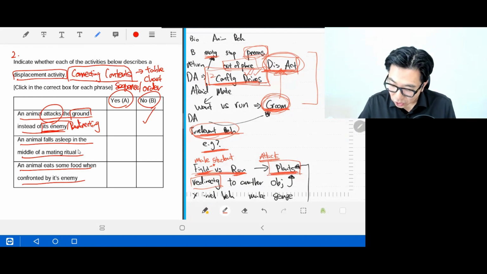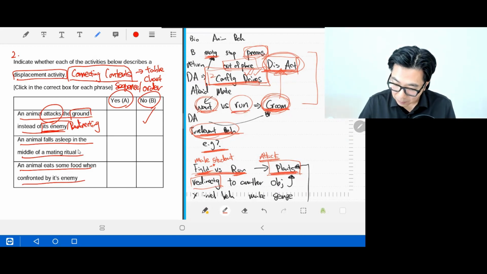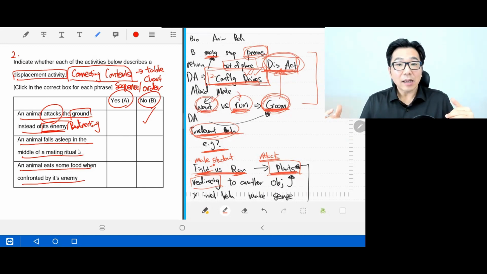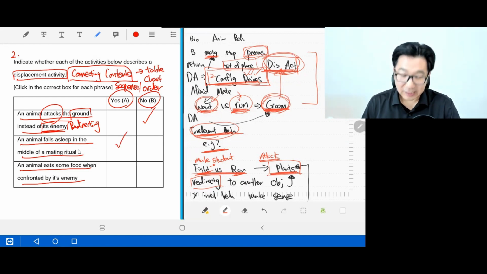In this situation, the two conflicting drives were keep mating, keep going, or stop mating and run away. But if the bird did not keep going or did not stop, and does something else, then that's displacement activity. If the animal does something completely different, then whatever the action is, that's displacement activity. So this is a perfect example.